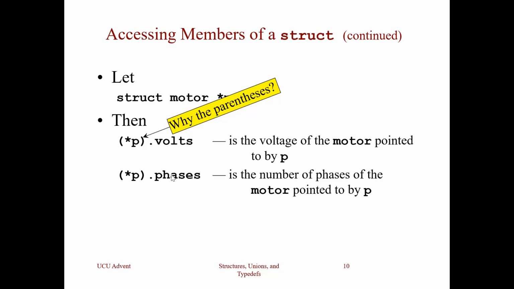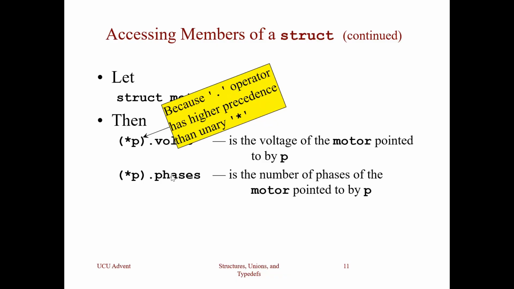So somebody would ask why the parenthesis. It's because this is a pointer, okay? Because the dot operator has a higher precedence than the unary star operator.